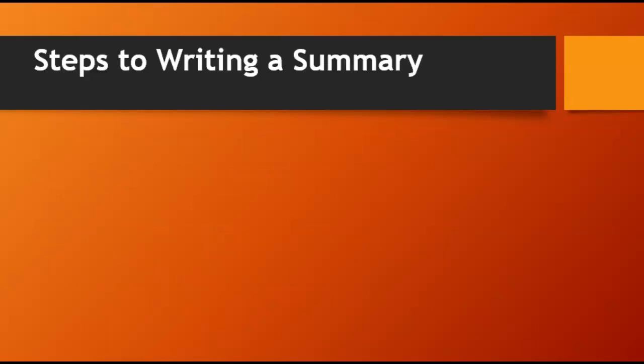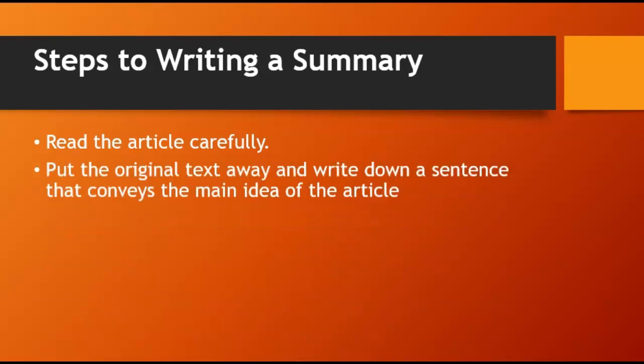The steps involved in writing a summary include reading the article carefully and highlighting the main ideas covered in each paragraph. When you're done reading and highlighting the article, read all the highlighted statements. Next, put the original text away and write down a sentence that conveys the main idea of the article.